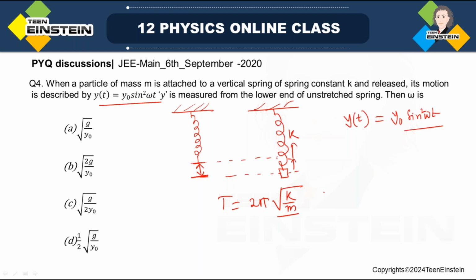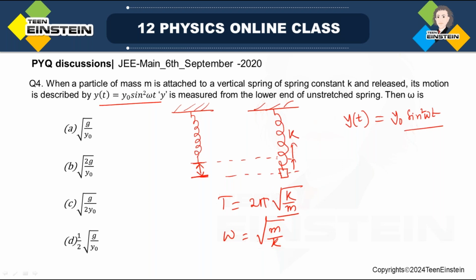Okay, this we know. So time period we know, even omega also we know, that is root over k by m. Like that you can find out.